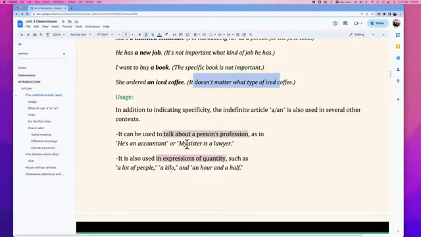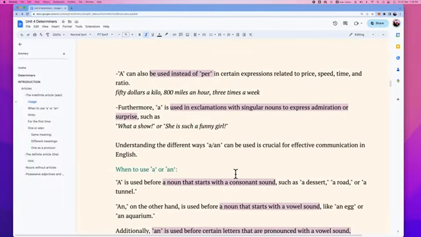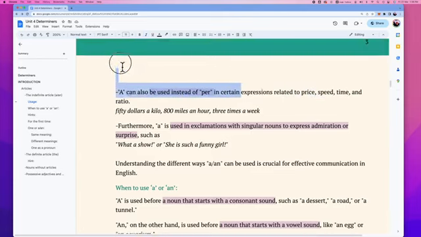There are many different usages when we are talking about the indefinite article A or AN. What are they? It can be used to talk about personal professions. He's an accountant. Or to express quantities, such as a lot of people, a kilo, an hour and a half. And sometimes A could be used instead of per, in expressions of price, speed, time, and ratio.